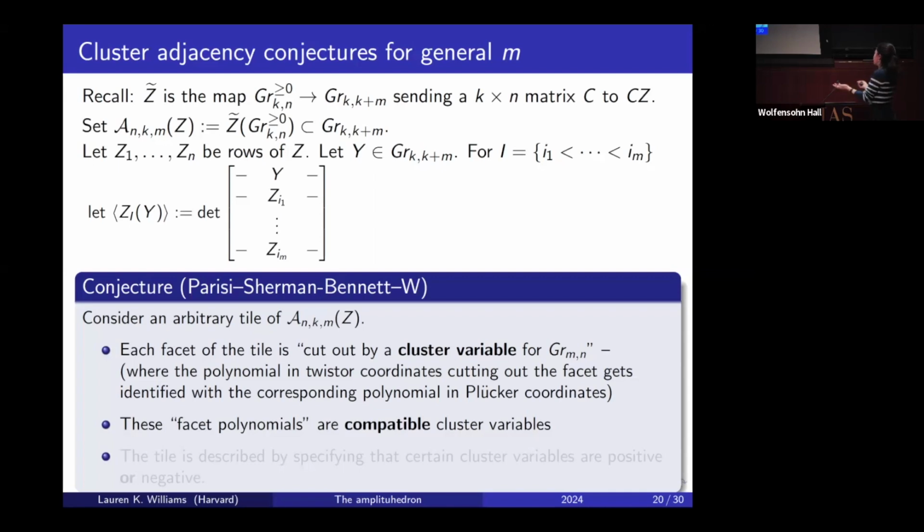It says, for example, that the number of facets is bounded by m times (n minus m), say. And then the third statement is that our tile should be described by specifying that certain cluster variables are positive and certain are negative. So in cluster algebras, we're very familiar with defining positivity.